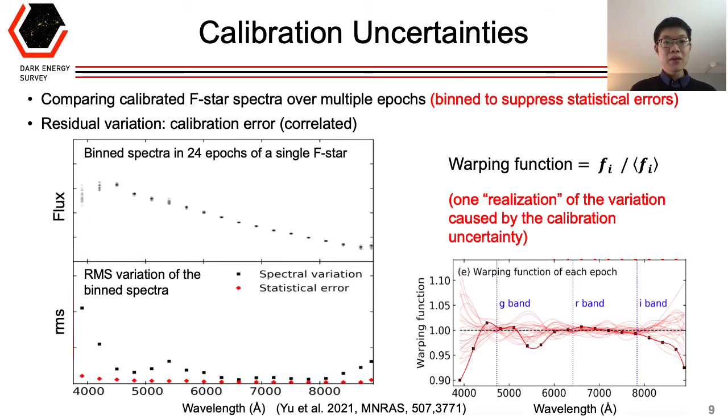We can use these warping functions to propagate the calibration errors into the error budget of the broad line flux using a Monte Carlo framework. This method naturally accounts for the error correlation over different wavelengths, which would be important if we fit a wide wavelength range.